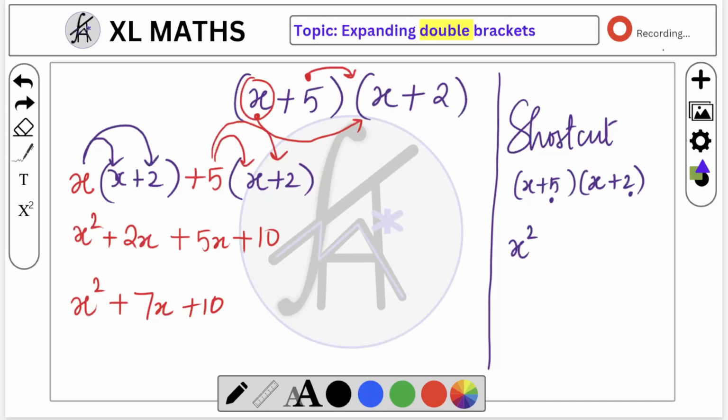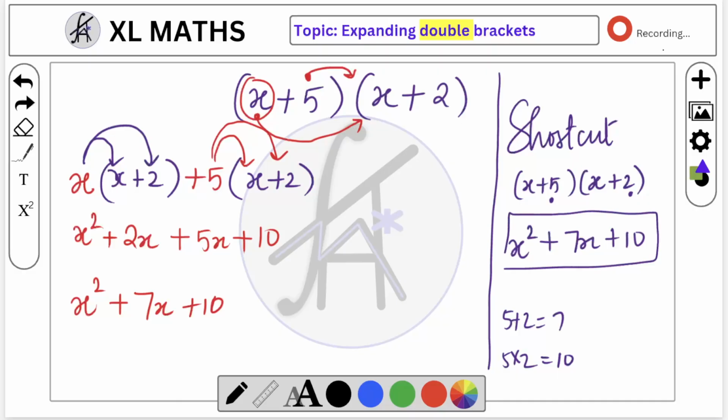So 5 plus 2, you have 5 and 2. What's 5 plus 2? 5 plus 2 is 7. Just write 7x. And what is 5 times 2? 5 times 2 is 10. So just write a positive 10, and that's what your answer is.